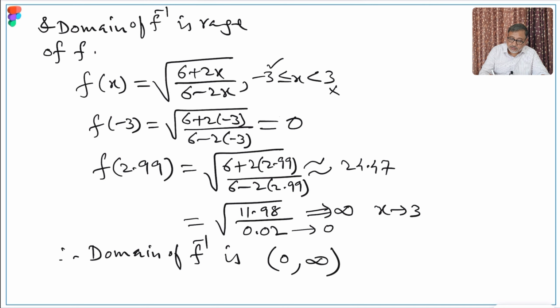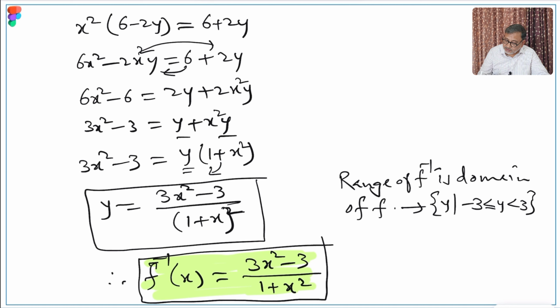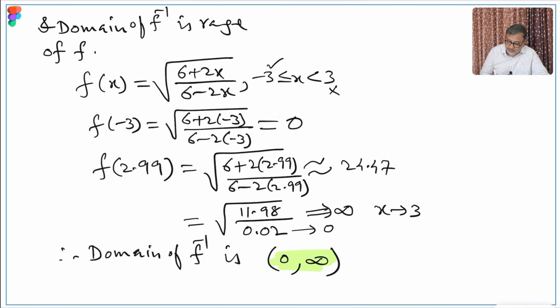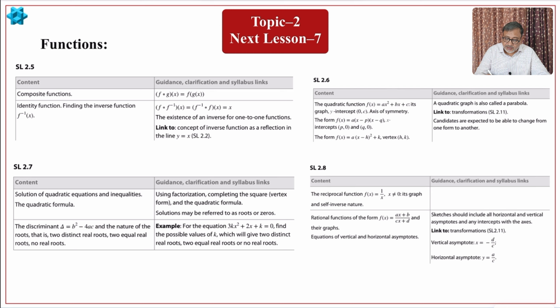Okay, I hope you understood this. Range we already wrote here. This is the range of f inverse. This is the domain of f inverse, right? Yeah. Okay, so with this we end this lesson, right?